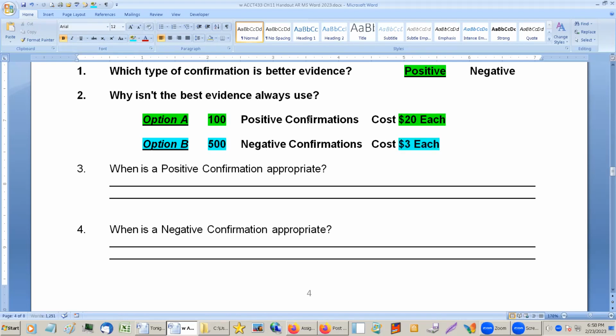Which one should you do? Option B because it's cheaper. Yeah, if you multiply this out, it's 2,000.